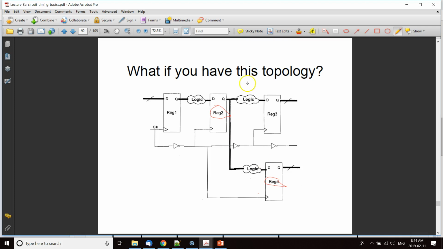And I couldn't just do what I did with Reg 3, which is put a NOT here, because the NOT is already part of the architecture. If I put a NOT here, it would change the functionality of Reg 3 versus Reg 4. They would both change at the same clock edge, where I wanted them to change on different clock edges. So I can't use the solution for Reg 3.